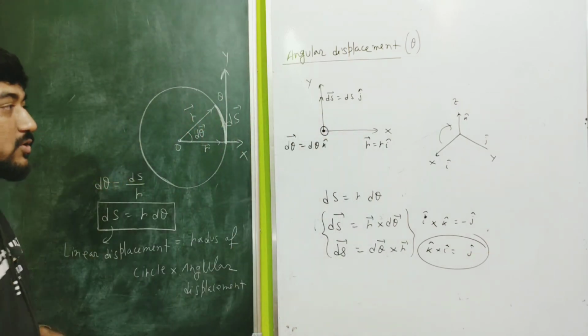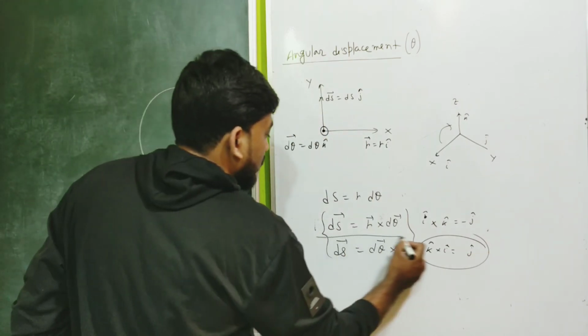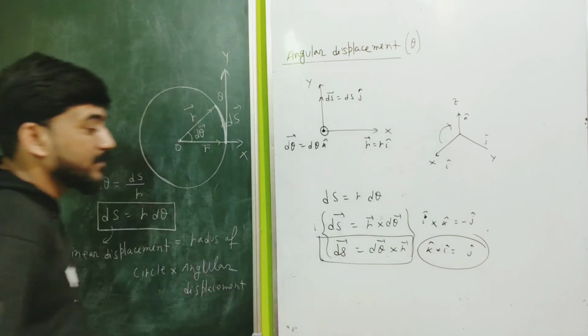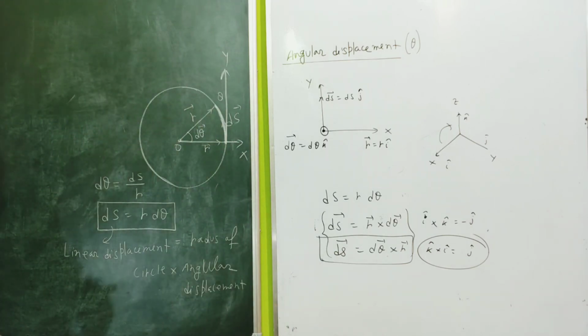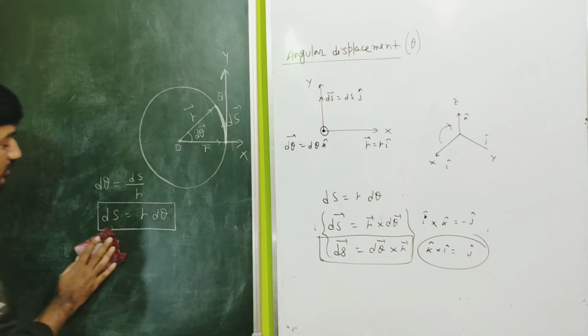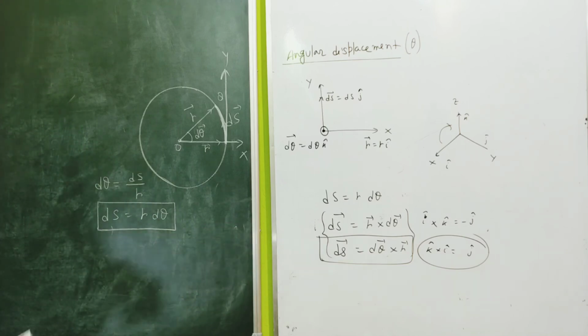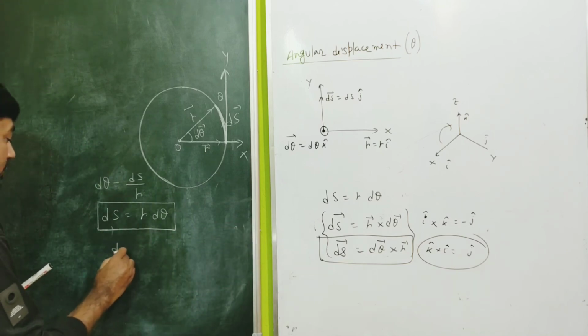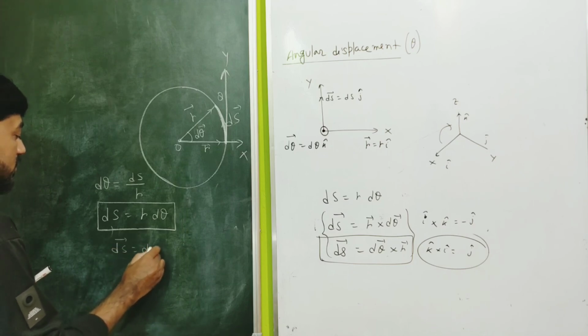So obviously you have to take the vector relation as ds is equal to d theta cross r. So finally, the scalar relation is ds is equal to r d theta, and the vector relation will be ds is equal to d theta cross r.